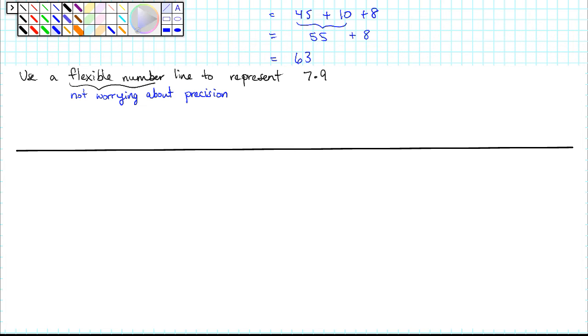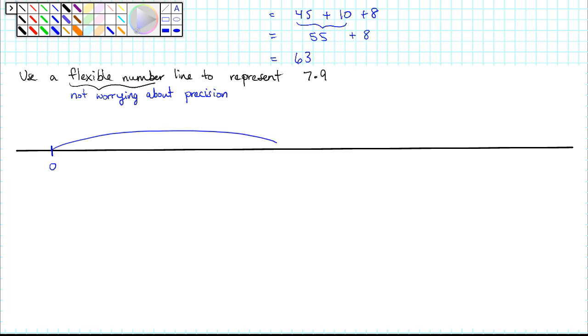I'm going to say, starting from 0, I know that 5 times 9 is 45, and I'm not really worrying about this being an exact representation of 45, so I'm just going to say here's 45, and then I need 2 more groups of 9.